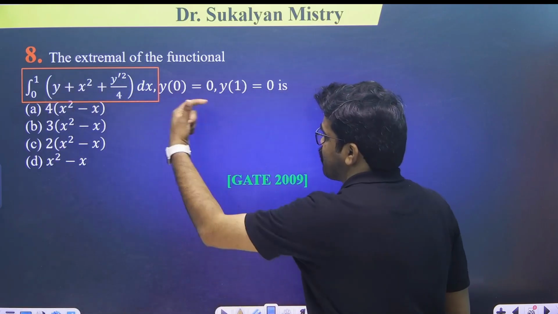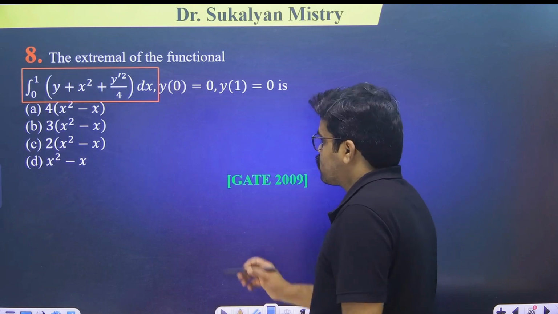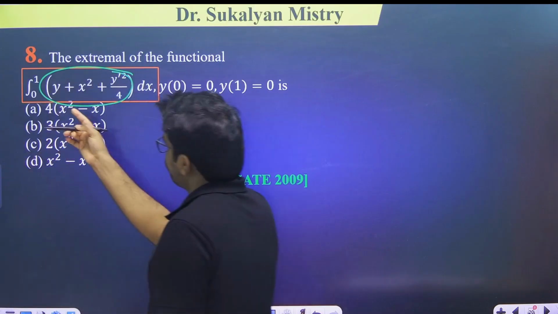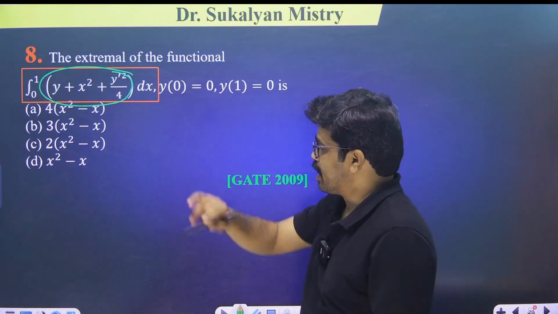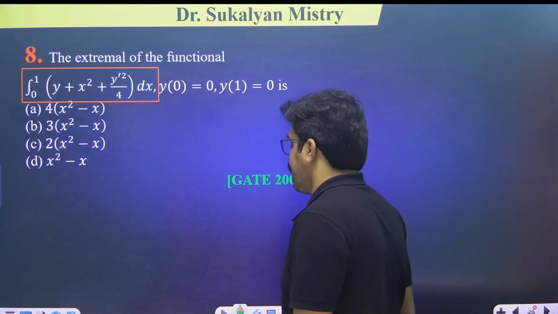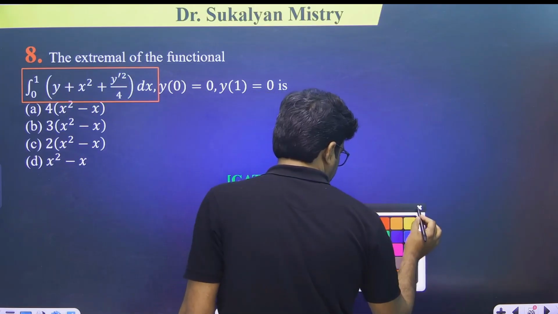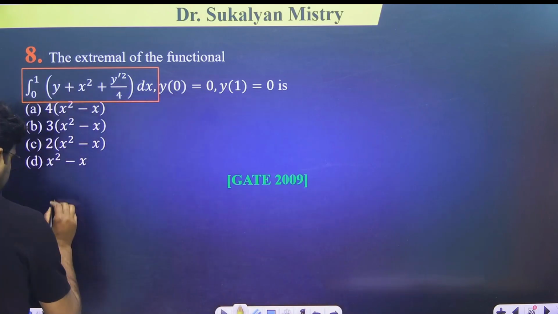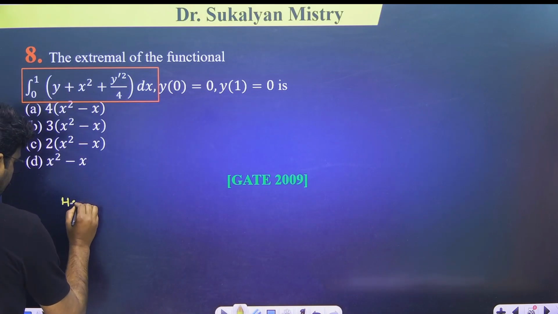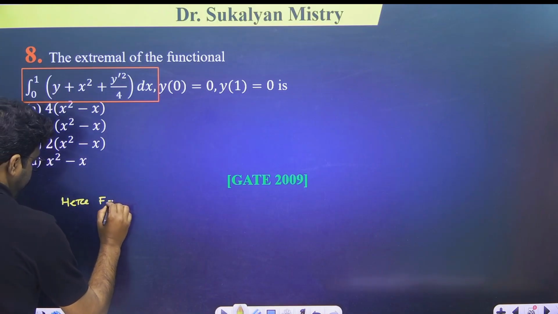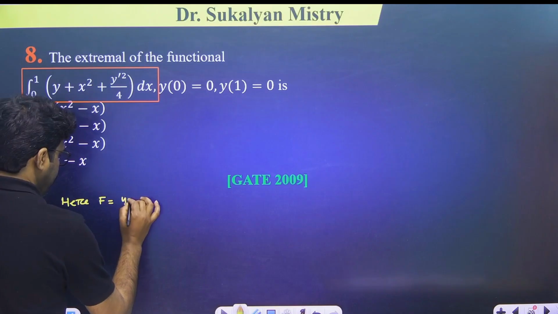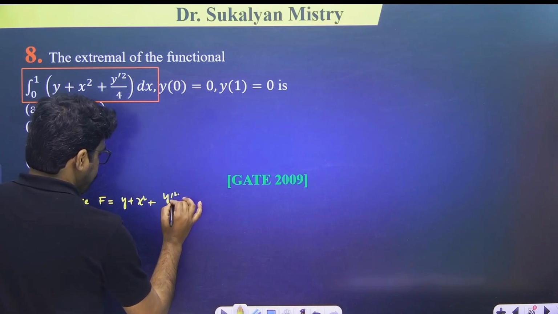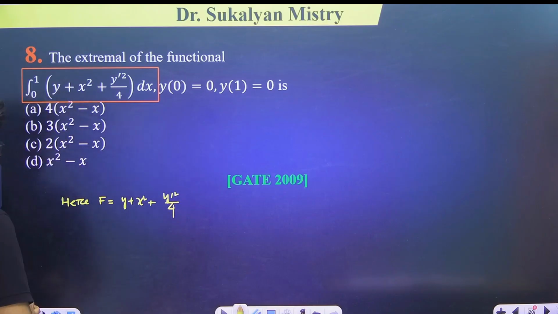We have to extremize this functional. So here what is f? F is a function of x, y and y'. So here f is equal to y + (x^2 + y'^2)/4.